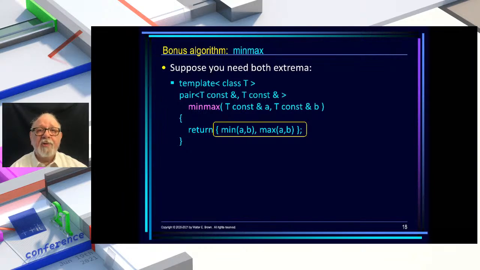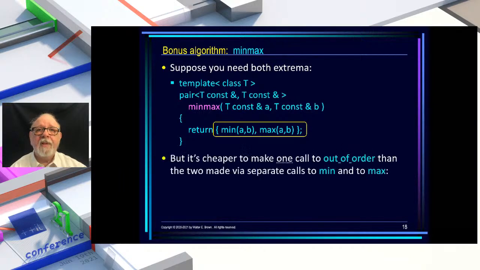Now, I think we would agree that this is a correct implementation, but we can actually do better. And I suspect many or most of you have already figured out what we can do instead. It is, of course, cheaper if we can make a single call to, say, out of order than the two calls that we would make if we made separate calls to min and to max.